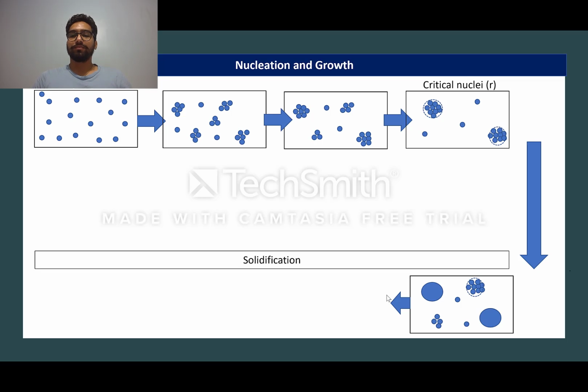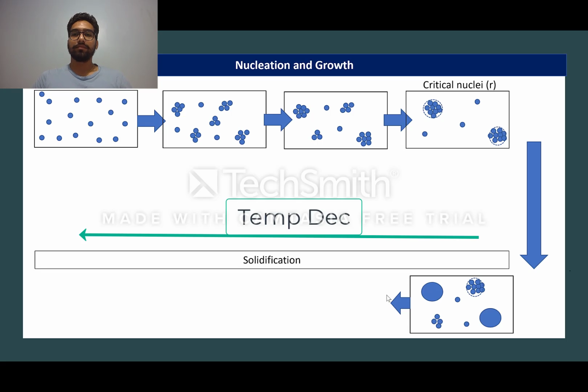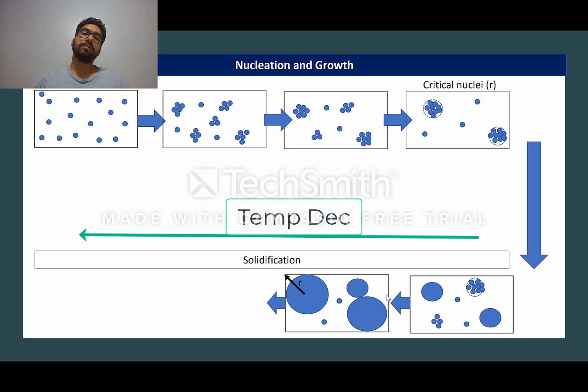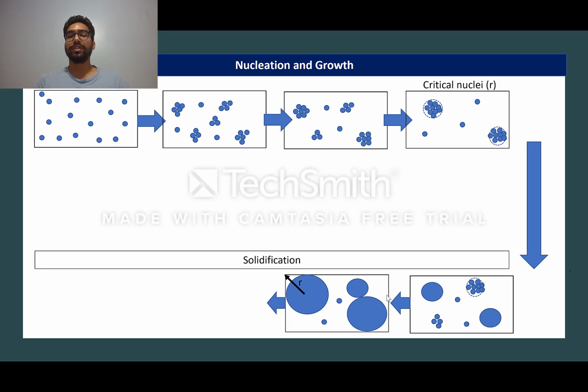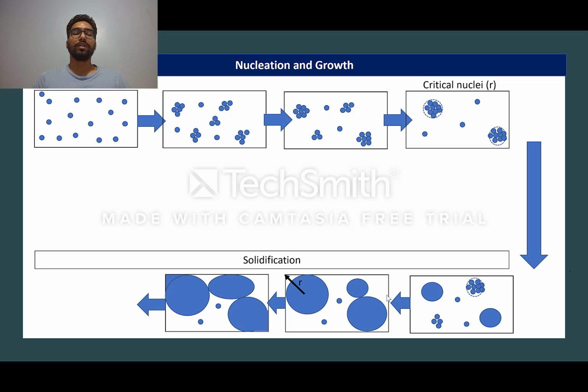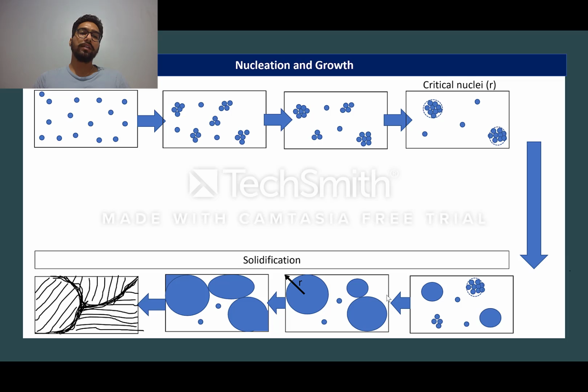So further decrease in temperature leads to the growth, and the R is becoming bigger and bigger as we decrease the temperature, and later on the nucleated sites started growing further, and that finally leads to the fully solidified state.